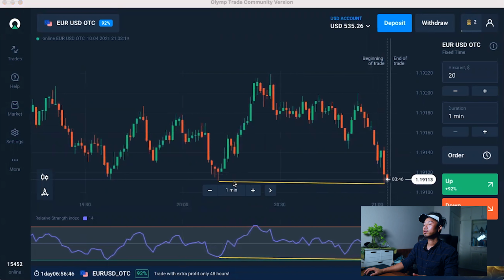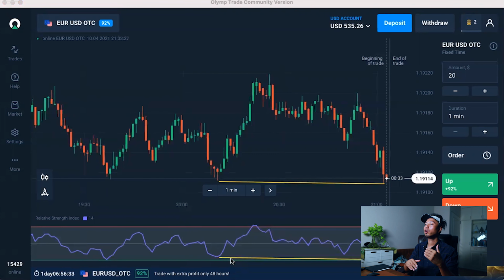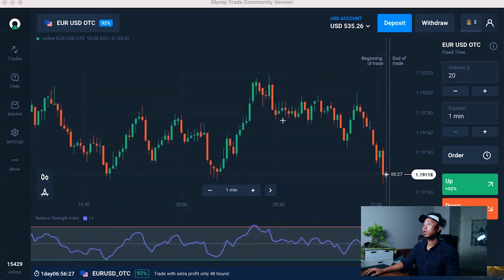When the trend of these two lines is in the same direction, it's called convergent. But once the trends go in different directions, one going up and one going down, then it is called divergent. Divergent is something going in a different direction.